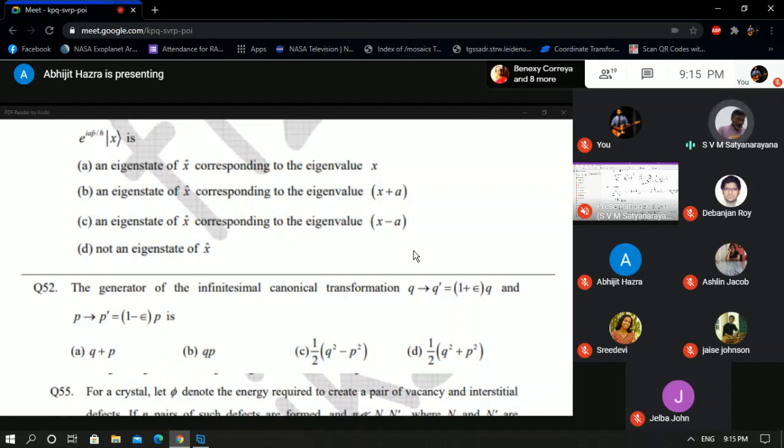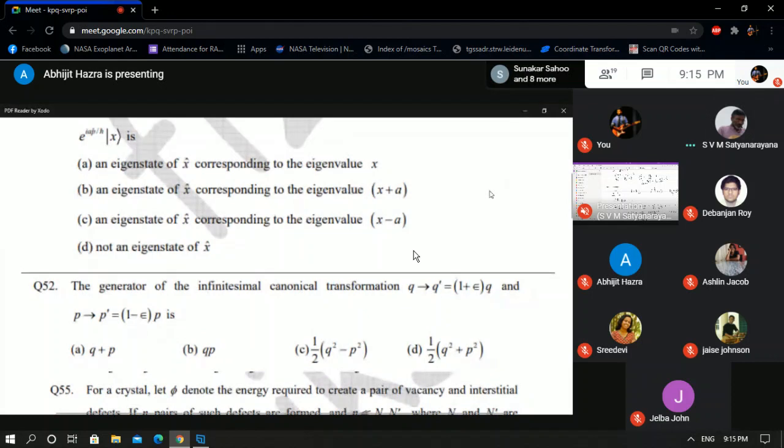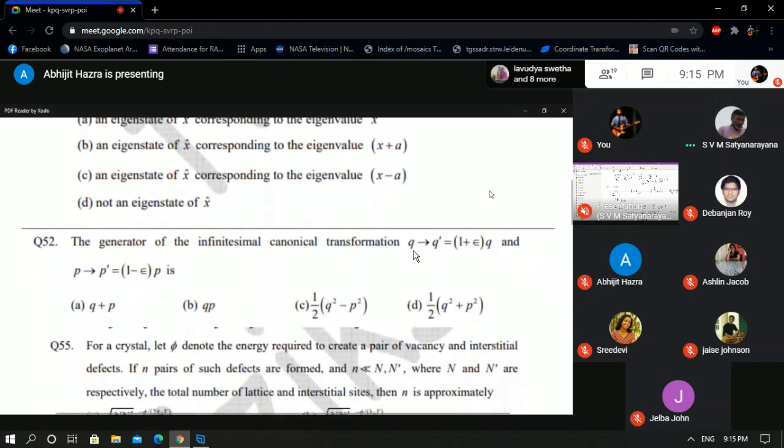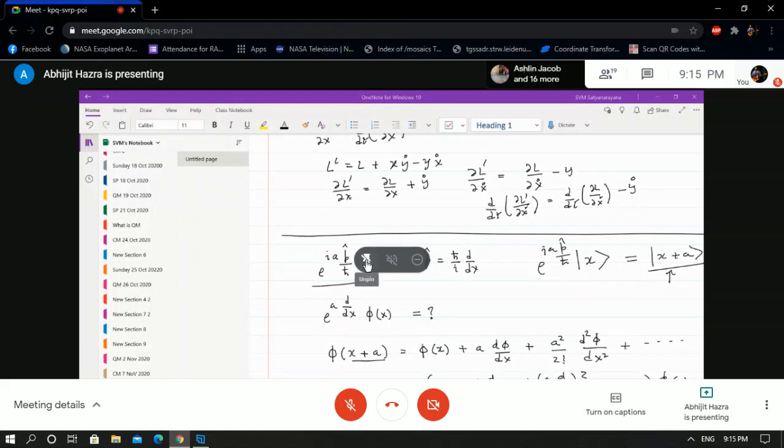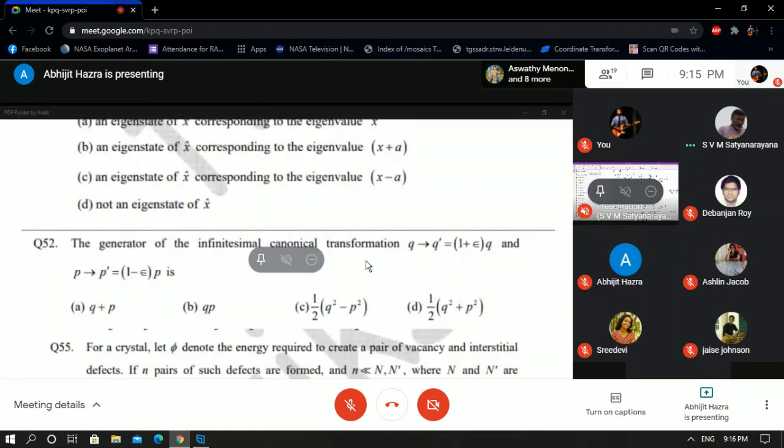The generator of infinitesimal canonical transformation is Q prime with 1 plus epsilon n, minus p square.